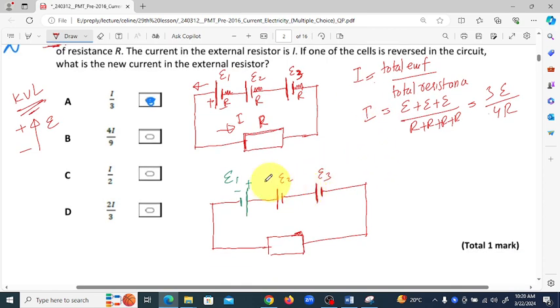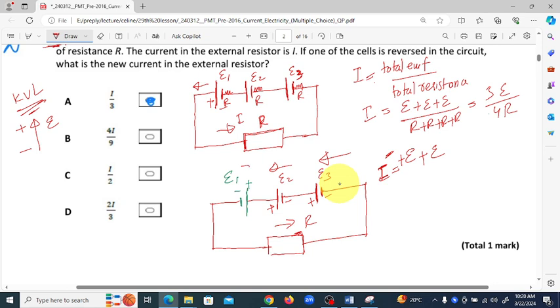Now we reverse the battery E1, so we take the direction from this end towards this end. The new current I dash in the external circuit is: we start from E3, moving from negative to positive, so it is positive, plus E. Through E2, again negative to positive, also plus.